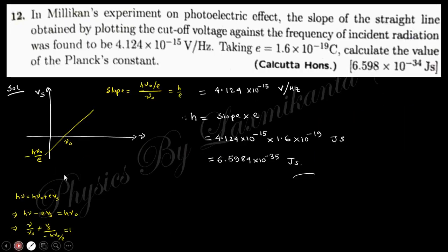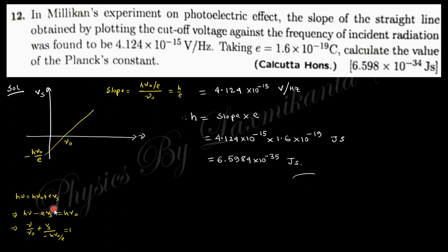Next question says, in Millikan's experiment of the photoelectric effect, the slope of the straight line obtained by plotting cutoff voltage against the frequency of incident radiation was found to be this. So this is the slope, taking the e value, calculate the value of the Planck constant.